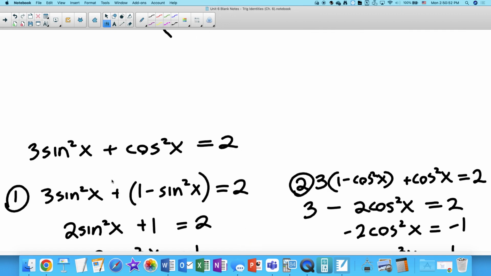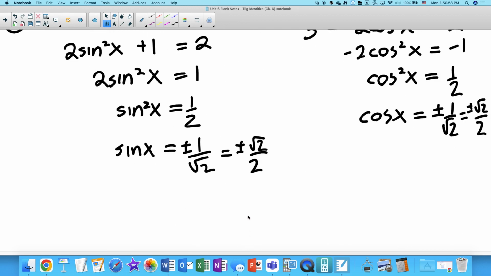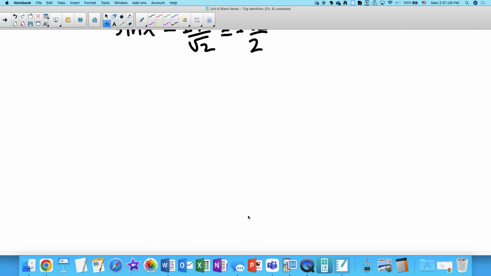But one thing that you could do is the original equation was 3 sine squared x plus cos squared x equals 2, right? What if I broke this up into 2 sine squared x plus 1 sine squared x? That would still equal 3 sine squared x.